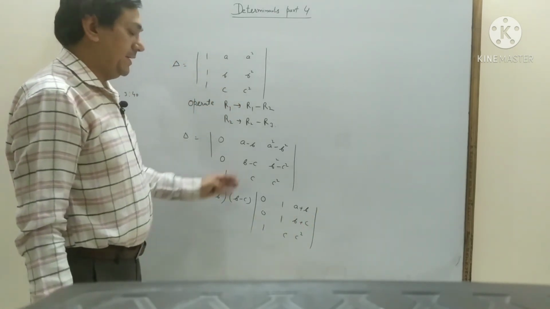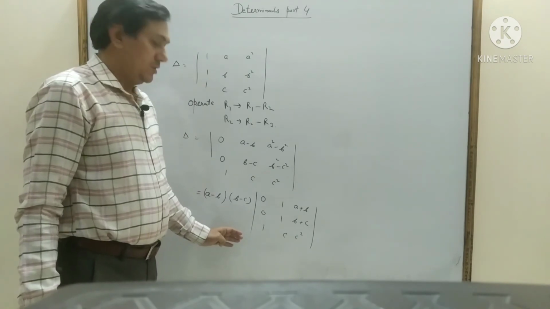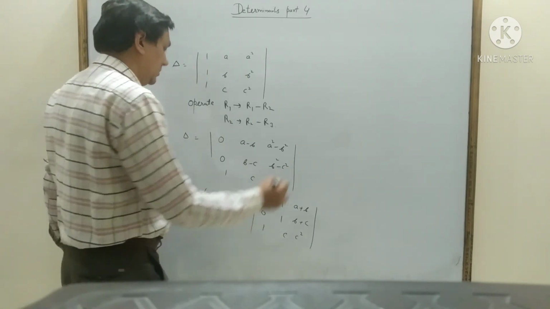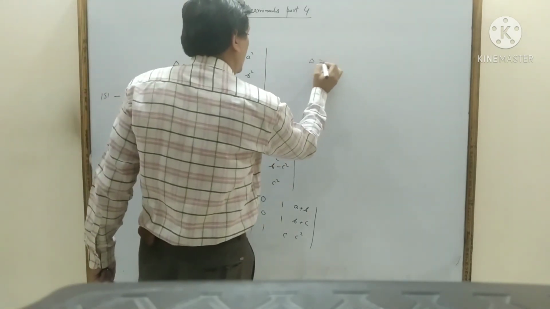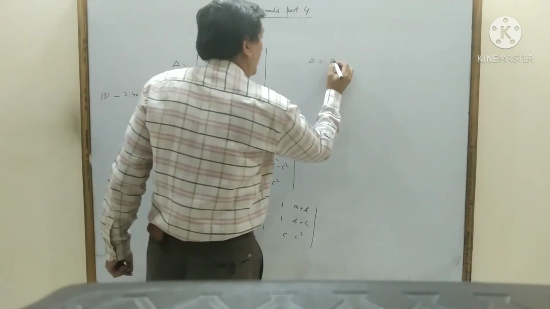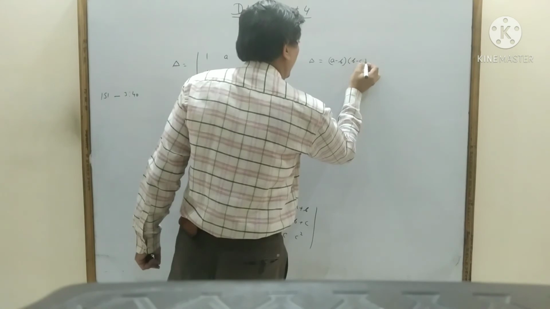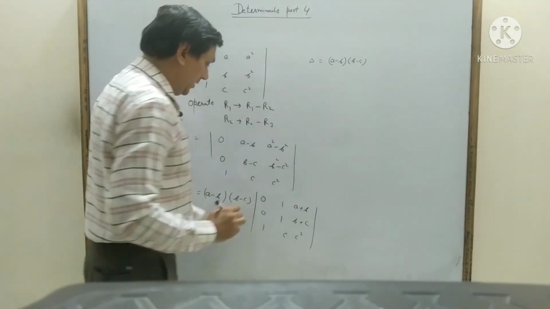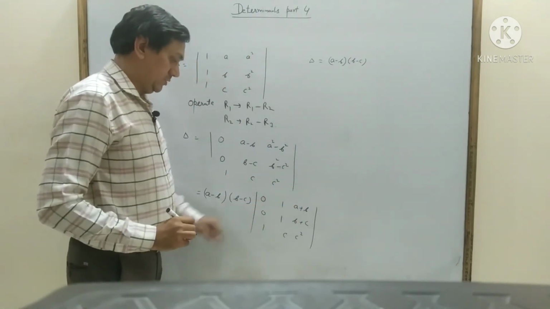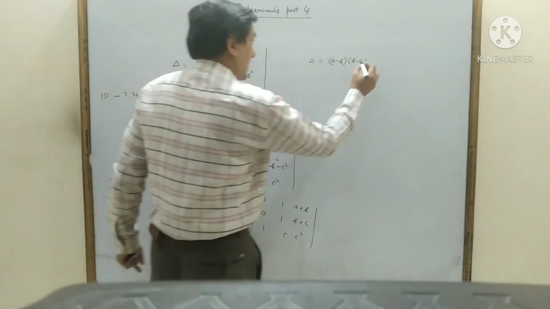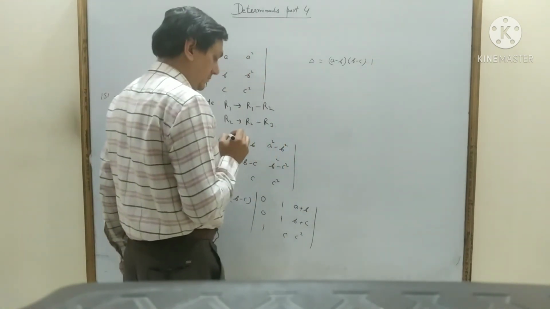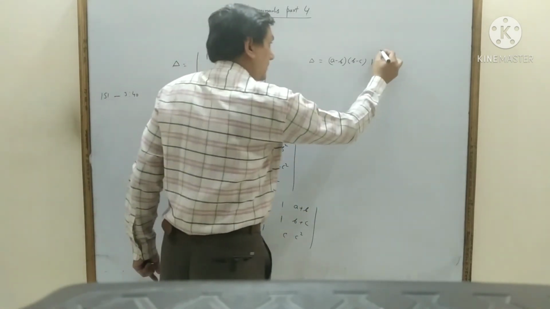Now we can expand it with the help of C1, because it consists of double zero, so it will be much easier to expand it from C1. We need not write 0 and 0. We can start with the last element 1.